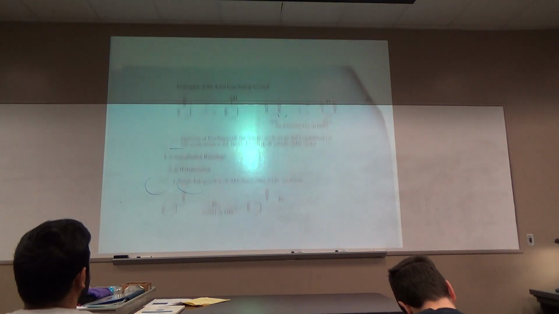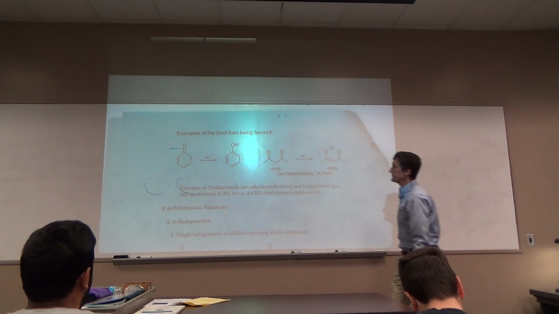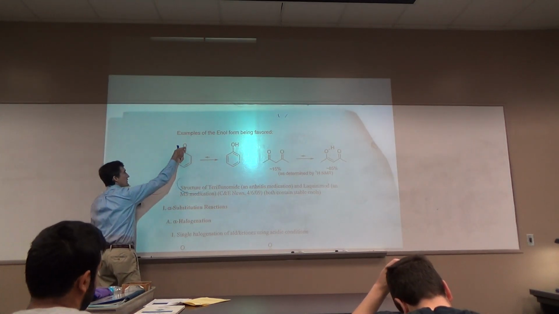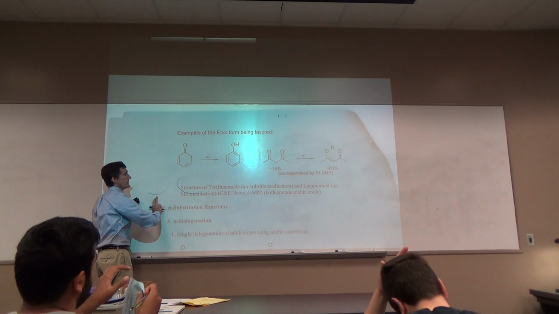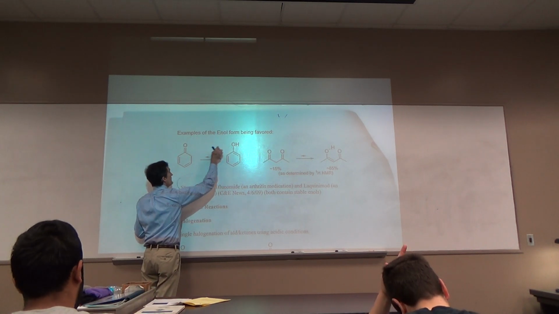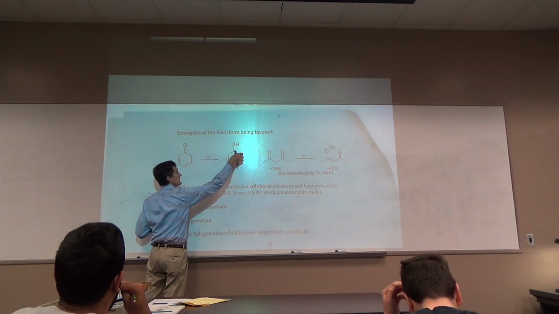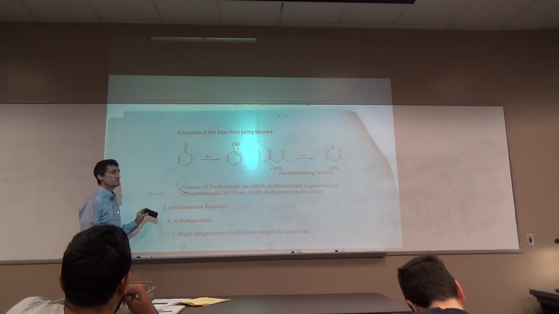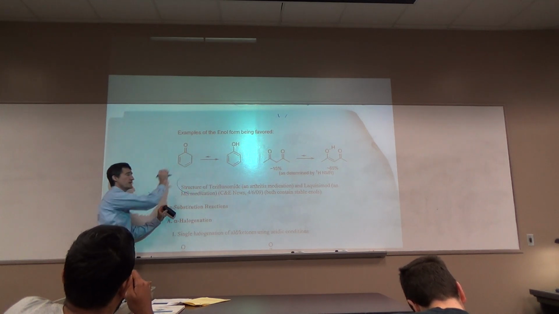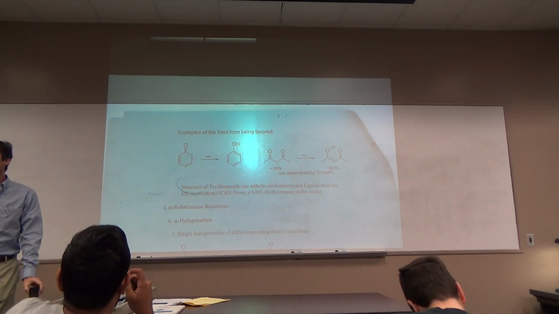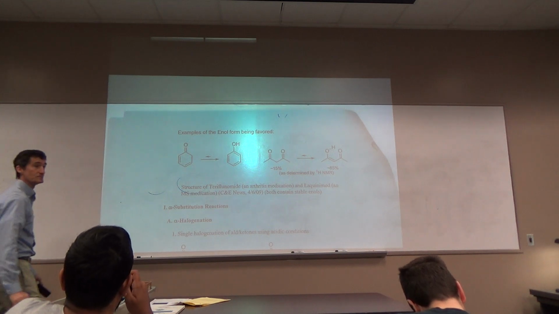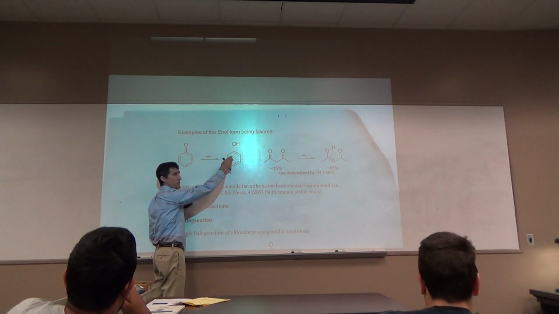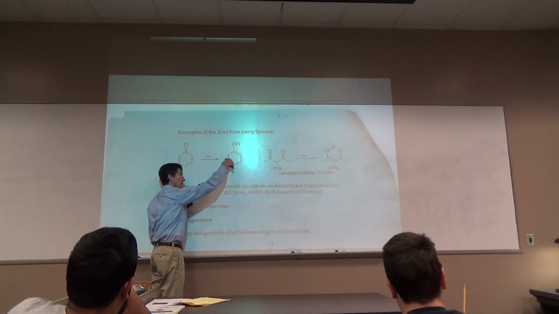Okay, examples of enol being favored. This ketone here. The enol of the ketone here is actually the favored form. Why? Why is this the favored form and not the keto form? Because it's aromatic.